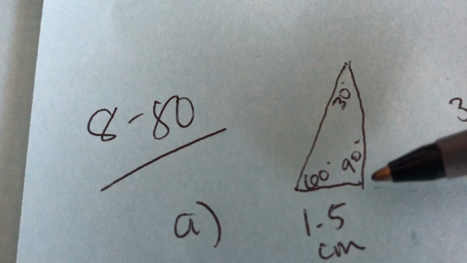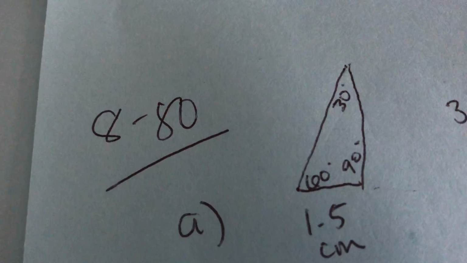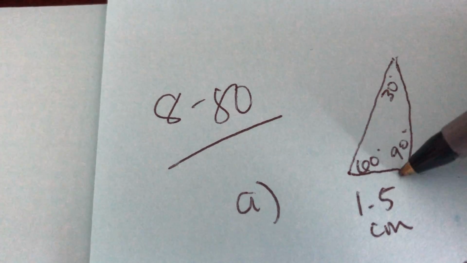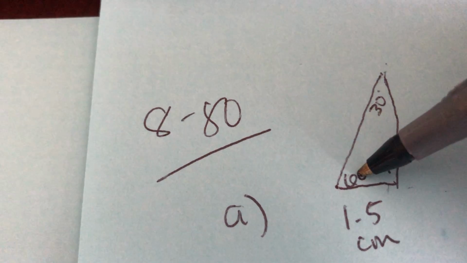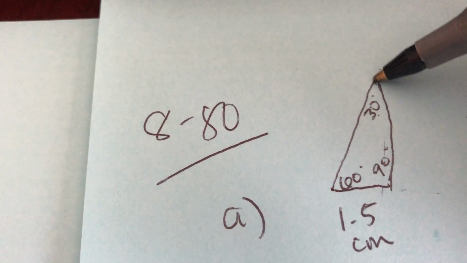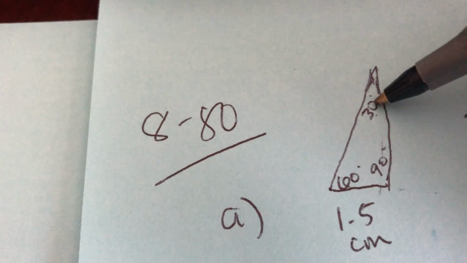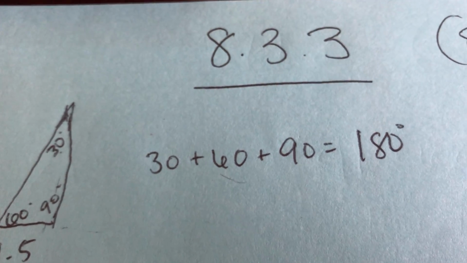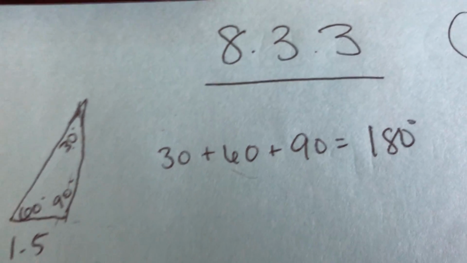I tried. That was supposed to be a much straighter line going from here to here. So if we had a 60-degree angle here, a 90-degree angle here, and I measured that with my protractor and it was about 30 degrees, then if we added them all up, we would get 180. 30 plus 60 plus 90 is 180.